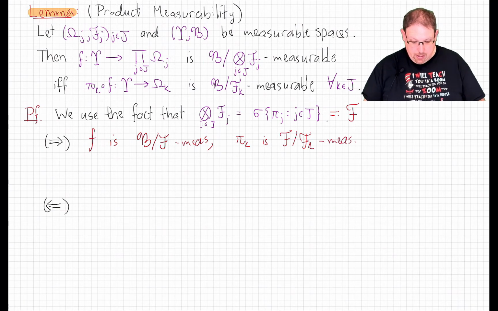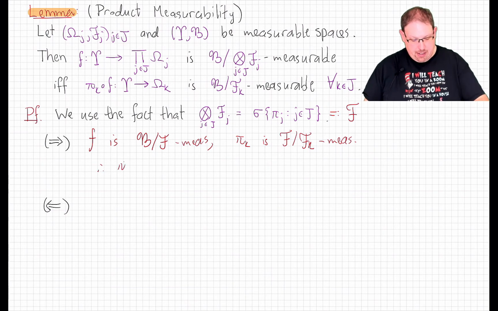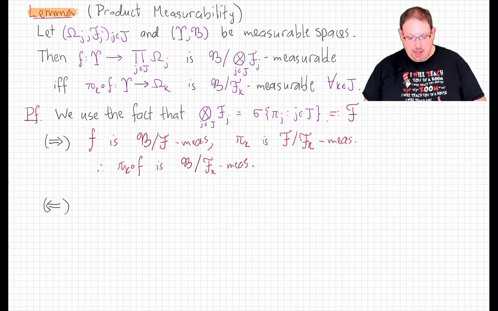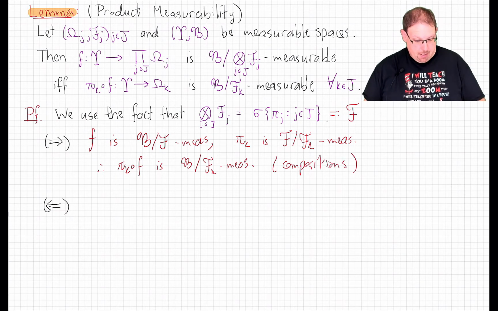After all, F is the minimal sigma field with respect to which all of the pi k's are measurable in that way. And so, therefore, the fact that pi k composed with F is B-Fk measurable follows by composition of measurable maps being measurable. So that's good.